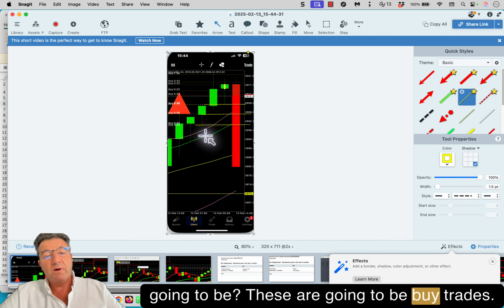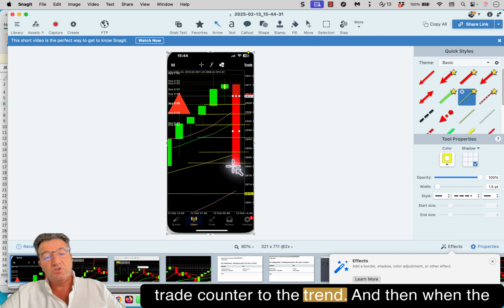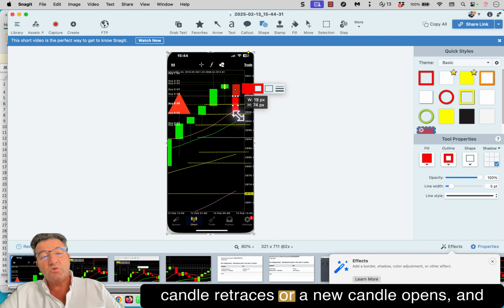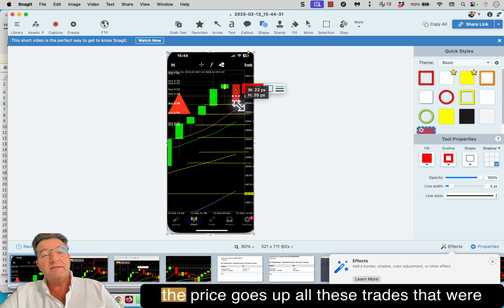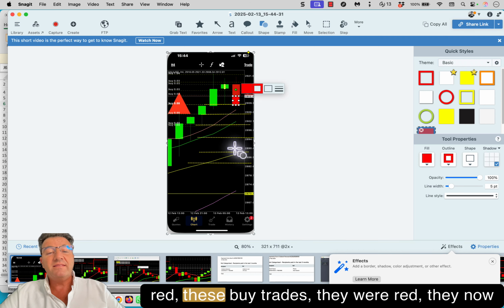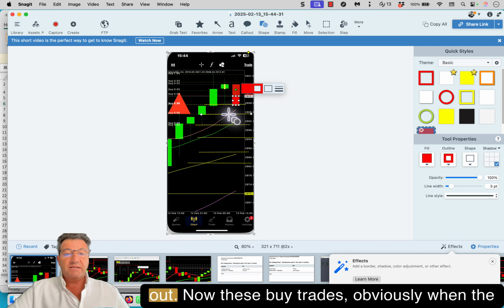These are going to be buy trades. The robot opens buy trades counter to the trend, and then when the candle retraces or a new candle opens and the price goes up, all these buy trades that were red are now green, and the robot will then close these trades out.